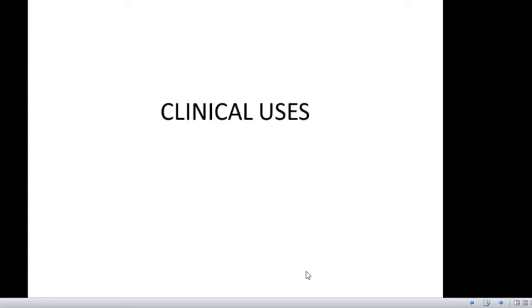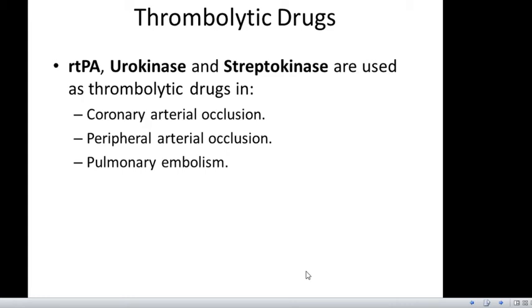Now let's study the clinical uses of these agents. Thrombolytic drugs. The plasminogen activators RTPA, urokinase, and streptokinase are used as thrombolytic drugs, which can dissolve clots in blood vessels in emergencies like acute coronary occlusion and pulmonary embolism.